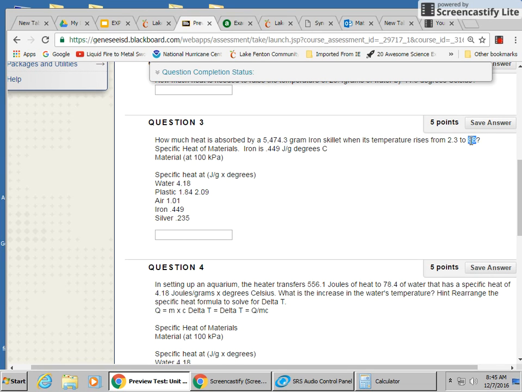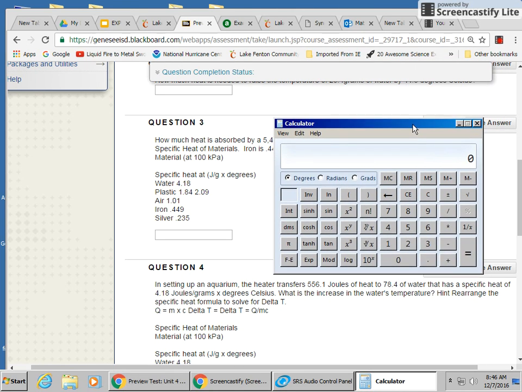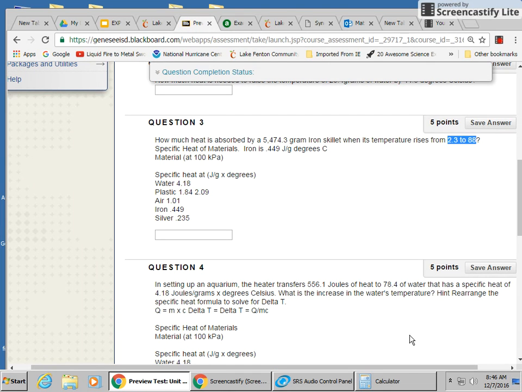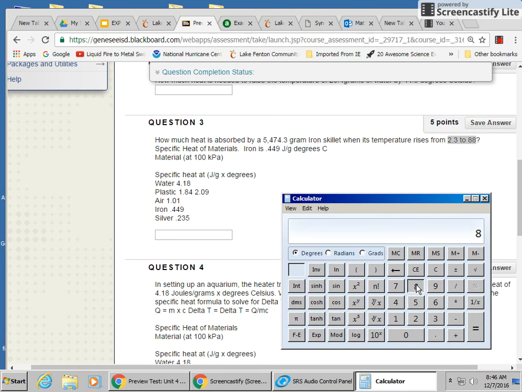Here is one that you're going to have to subtract. So going right back to the formula, you've got Q equals MC delta T. So the C is given. You have to subtract 88 minus 2.3. So it was raised 85.7 degrees. And then you just multiply it.